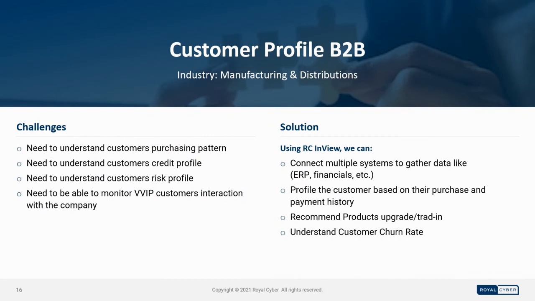B2B customer profile is slightly different, where we talk about the kind of risk profile the customer is, or the kind of credit profile the customer currently has and is eligible to be. For example, there's a customer who is quite religious in paying the invoice on time. He has no delay at all.